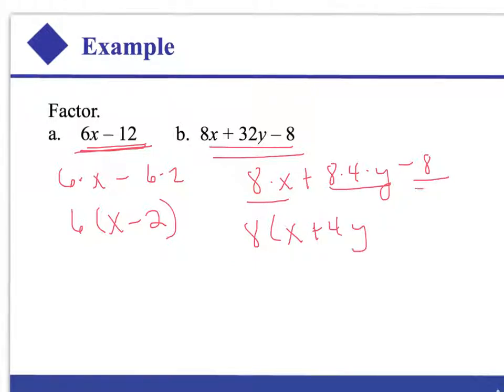Be very careful here. If you divide negative 8 by positive 8, it's going to give you a negative 1. So be very, very careful what you come up with. So that's negative 1. So that's our final answer: 8 parentheses x plus 4y minus 1.